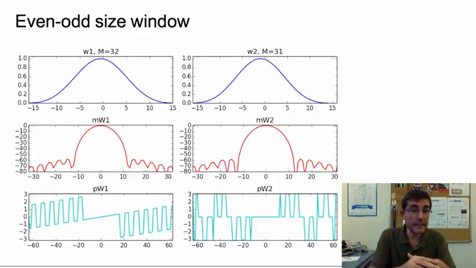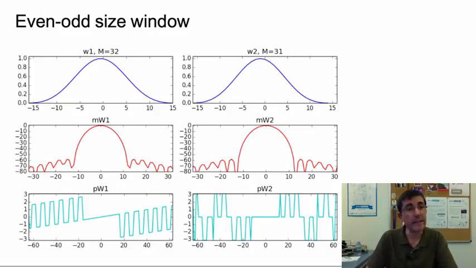In the even size, there is a slope. These are, by the way, of course, centered around 0. So clearly, if it's an even size, it cannot be perfectly centered, because we have to have a sample at 0, and then if it's even, it will have a different number of samples on the right hand or on the left hand.